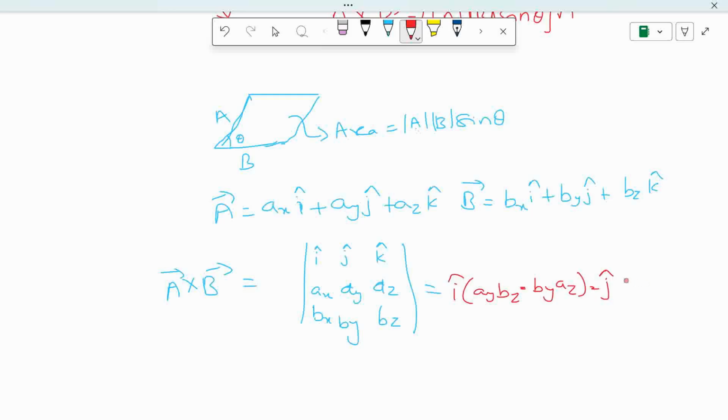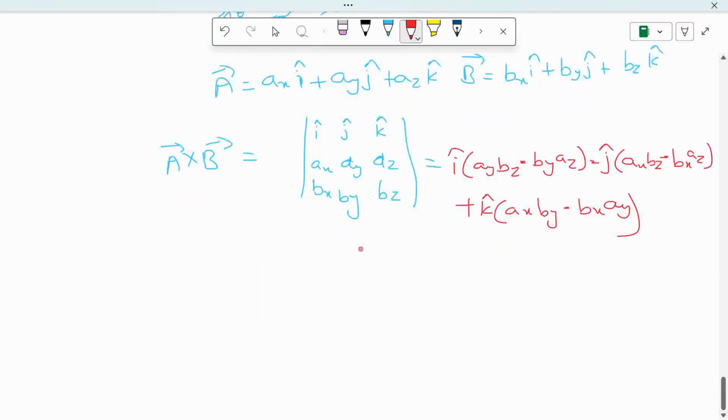These are unit vectors. Here J cap, so we get Ax Bz minus Bx. Then the continuation plus K cap Ax By minus Bx. So this is how we calculate the cross product of two vectors.